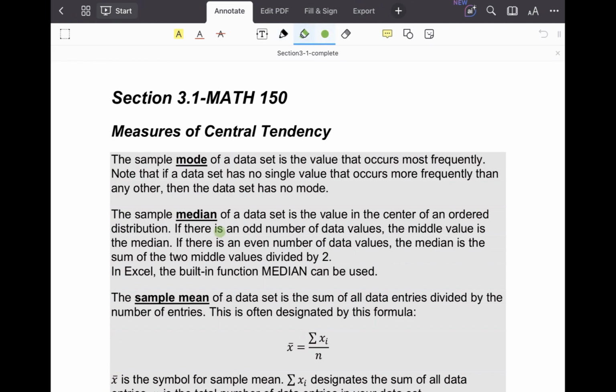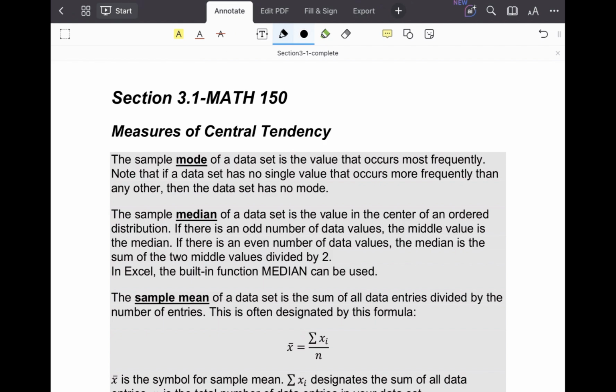So it depends on whether it's odd or if it's an even number of data points that you have, the way that you find it by hand. In Excel, there's a built-in function. It's called median. So like equals median, left parentheses, your data reference, and then you close the parentheses. It'll give you the median.